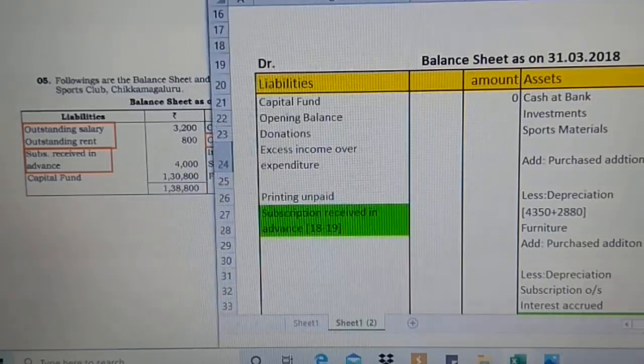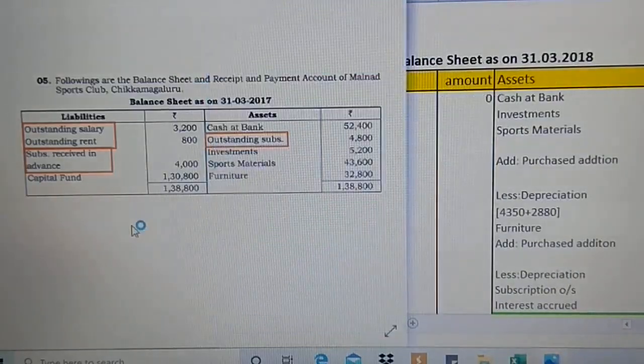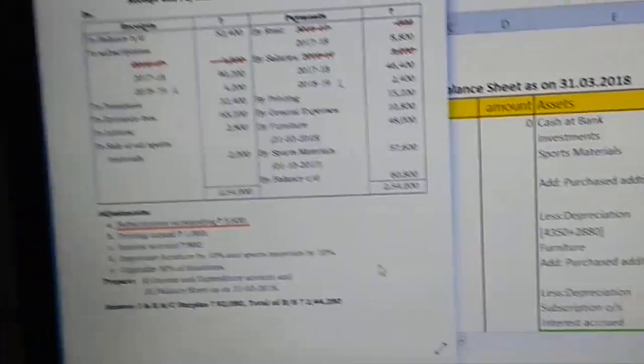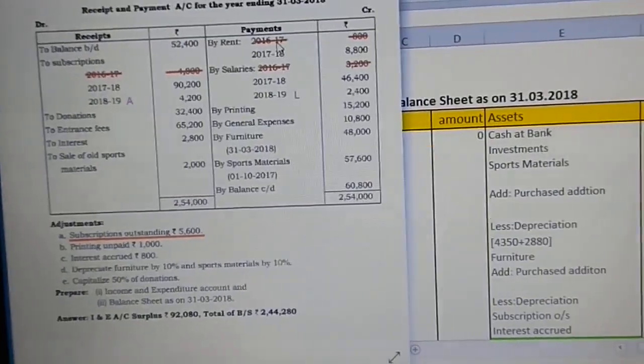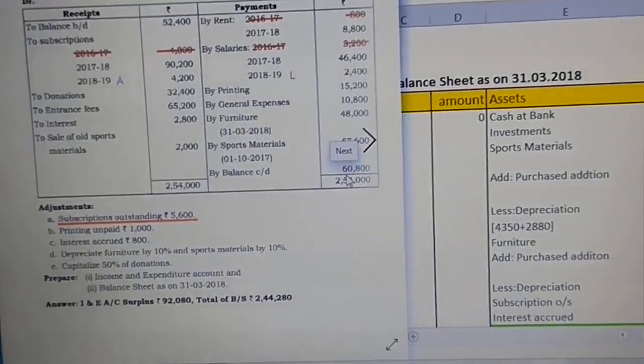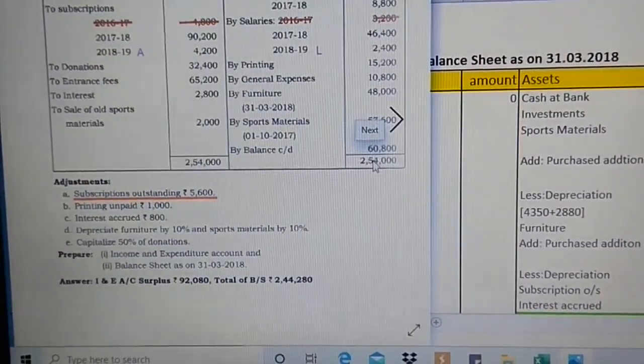So moving on for the first item, just observe here, cash at bank. Should we take the opening value here? No, we are going to take this value from the receipts and payment side. Could you all find under the payment side what actually is given? The closing balance 60,800. So this is a value we are going to take now.